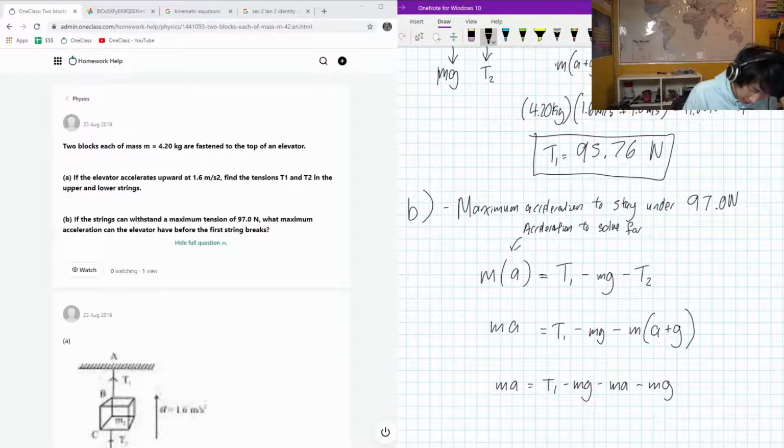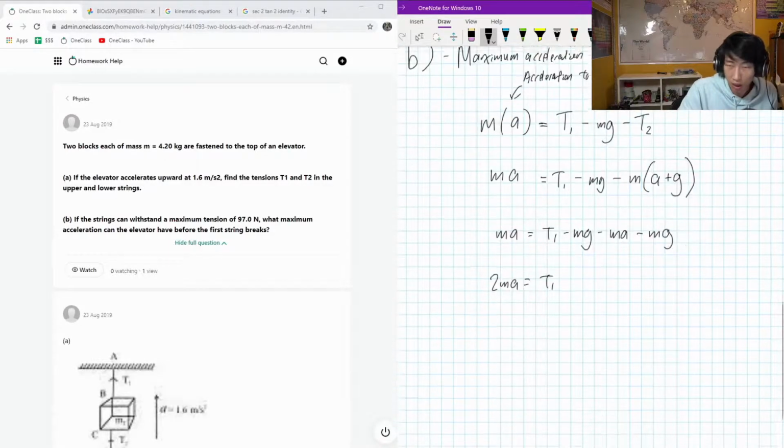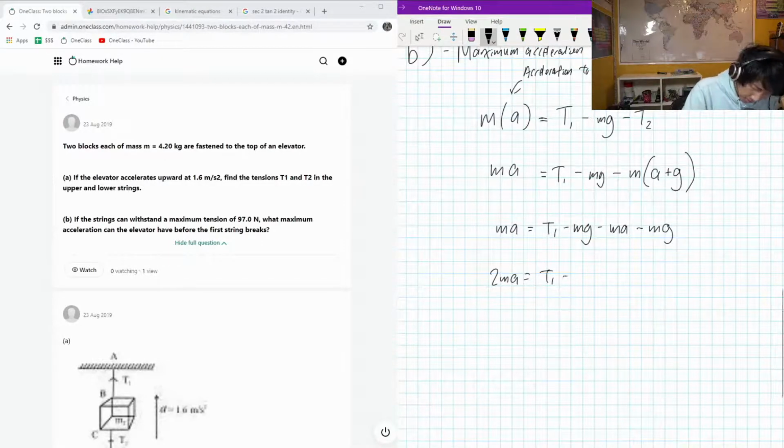Okay, isolating, we have 2ma is equal to T1 minus mg, minus 2mg actually, and divide everything by 2m. So a is going to be equal to T1 over 2m minus g.